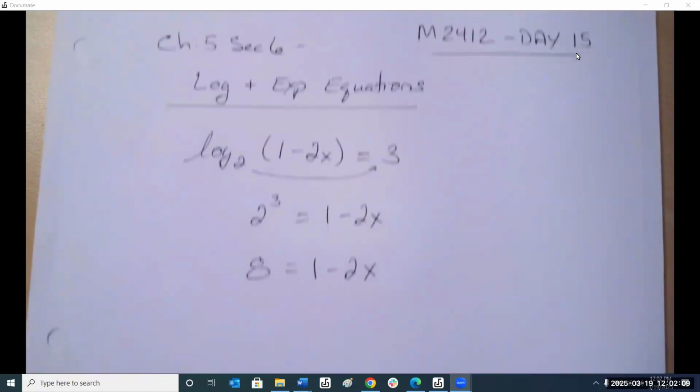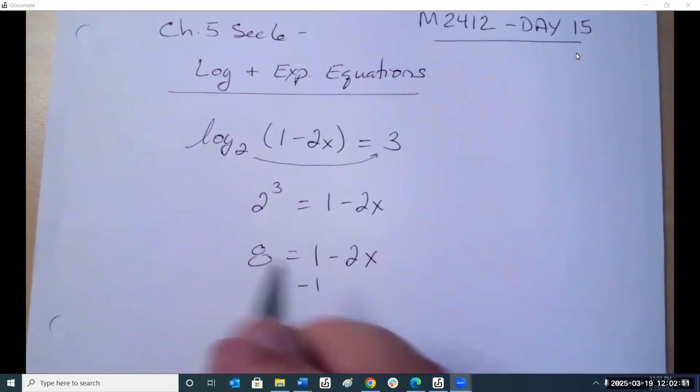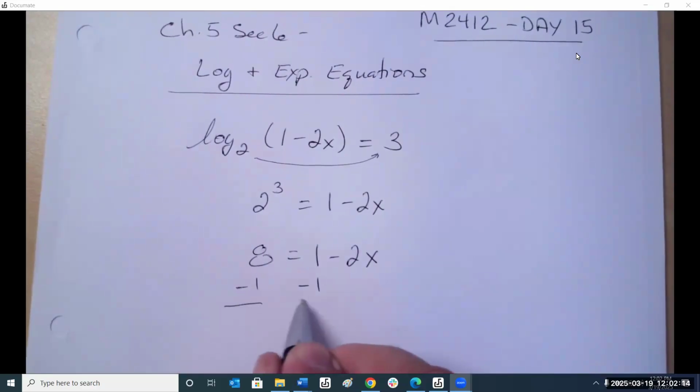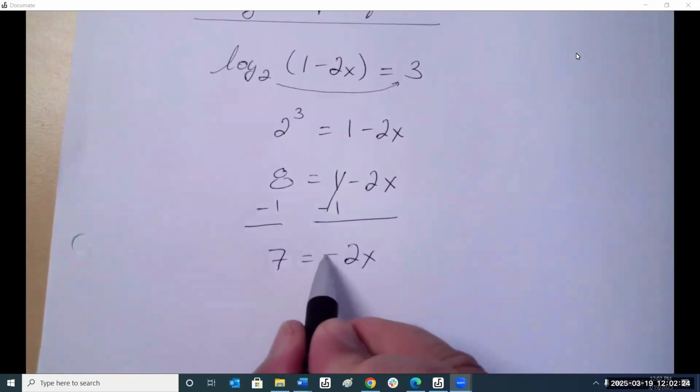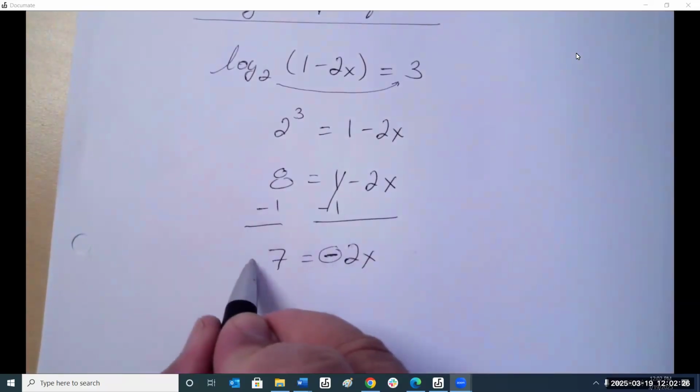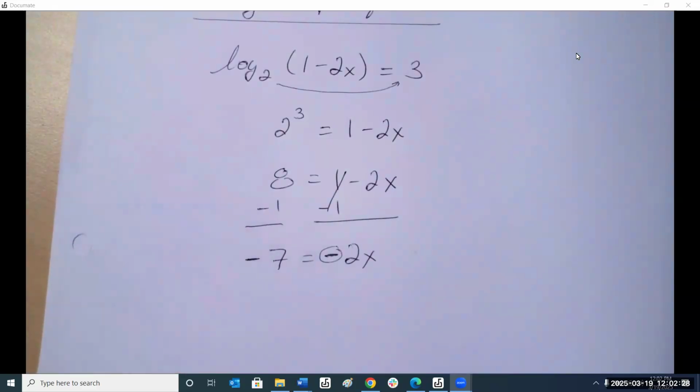8 equals 1 minus 2x. Subtract 1. 7 equals negative 2x. Because that's a negative, change the signs of both sides. So we have negative 7 equals 2x, then divide by 2.